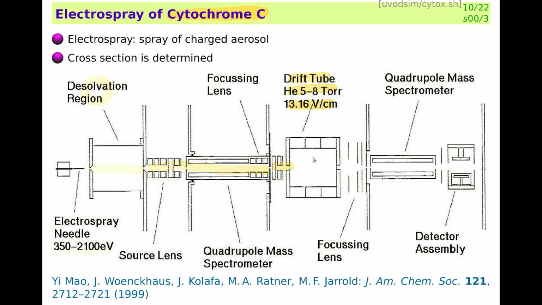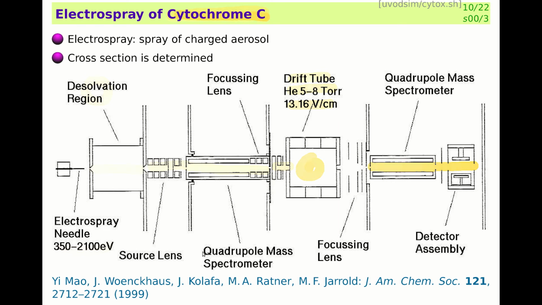So essentially here we measure the size, the cross section of Cytochrome C, that is how it is unfolded, and then we determine the ratio of charge and mass. That is, we know the molecule, that is the charge of Cytochrome C.